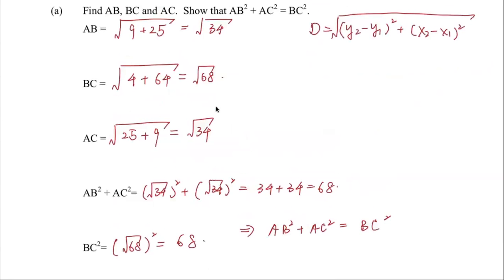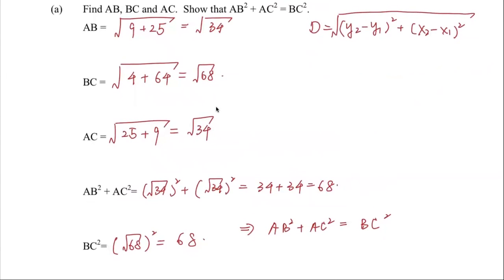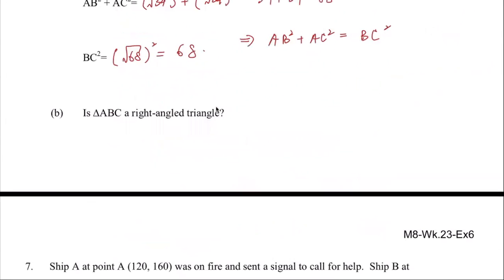The question didn't ask this, but what does this show us? This means triangle ABC is a right triangle. Oh, actually, the question asked us in part B: is triangle ABC a right angled triangle? Yes.